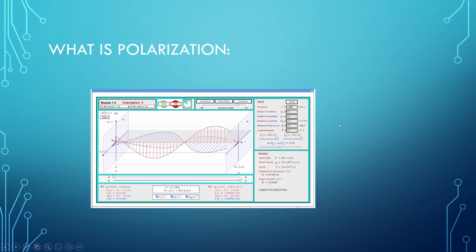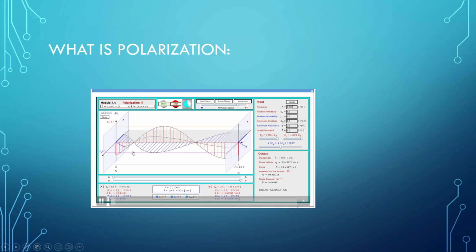So, what is polarization? Polarization describes the orientation of the electric field in a wave. At any point along the wave, the tip of the electric field vector traces a pattern over time. This pattern is what determines the polarization of the wave.